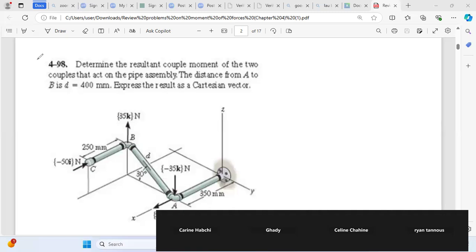First technique: you start from one force, say this force passing by A, and go towards a point on the line of action of the other force. This line is passing by B and C, so I can do AB vectorial minus 50i or AC vectorial minus 50i.